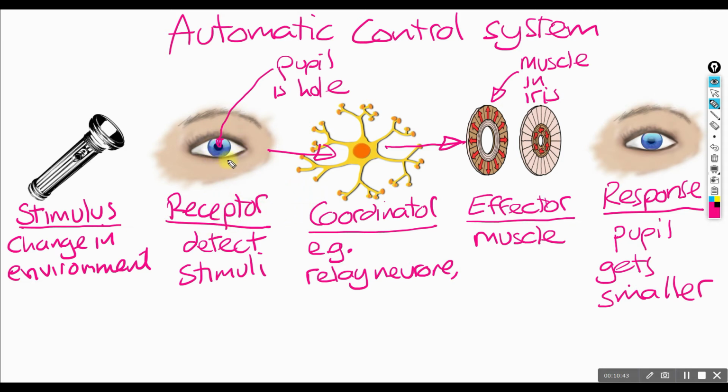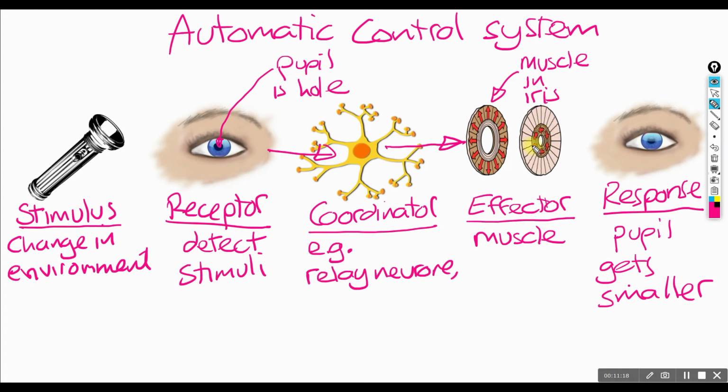I want to control how much light goes into the eye. So the receptor sends a message to the coordinator. This is a relay neuron that makes a decision, sends a message to the effector. And the effector in an automatic control system is usually a muscle, but it can also be a gland.